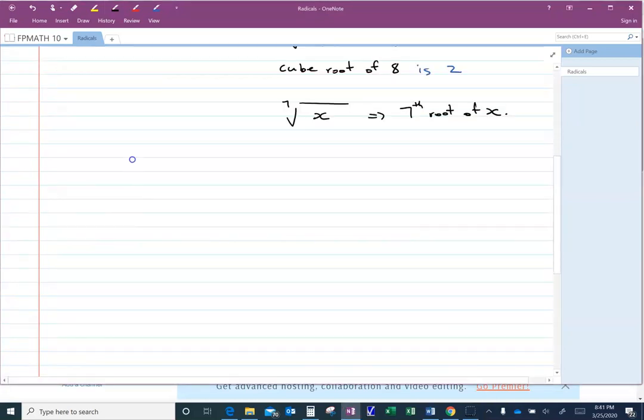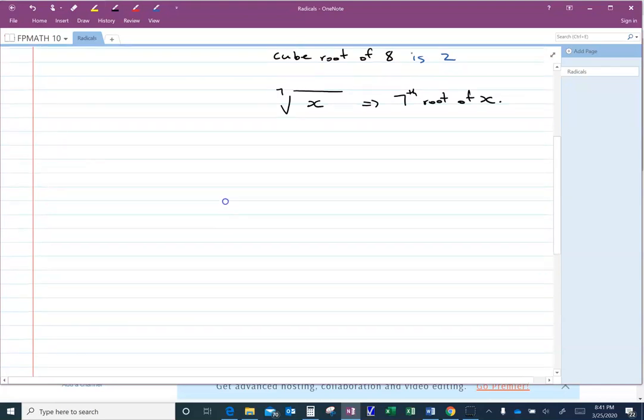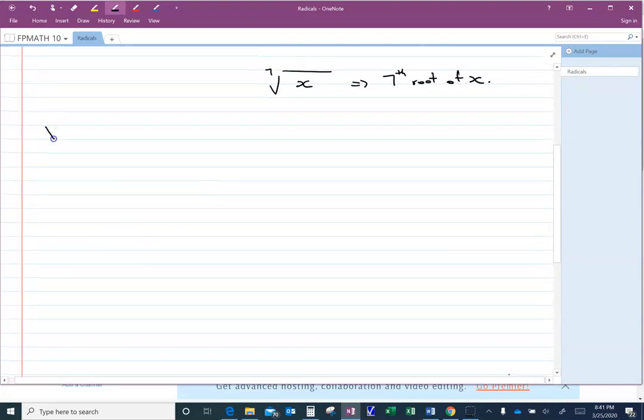The next part is dealing with what happens if the index n is an even value or an odd value.